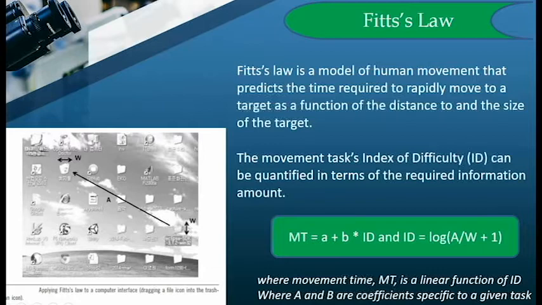Fitts law is a model of human movement that predicts the time required to rapidly move to a target as a function of the distance to and the size of the target. So the movement task index of difficulty, ID, can be quantified in terms of the required information amount.